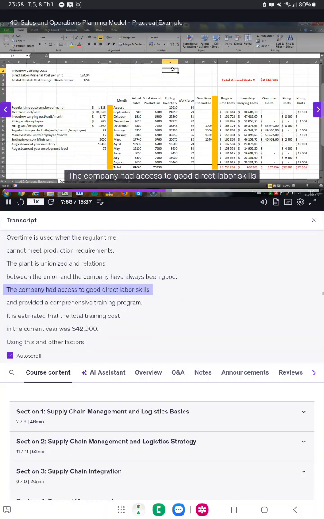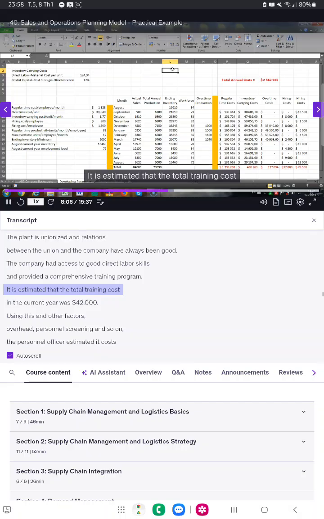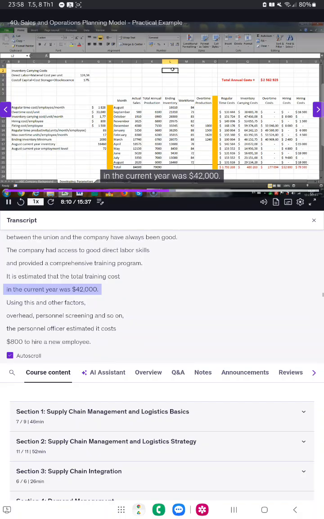The company had access to good direct labor skills and provided a comprehensive training program. It is estimated that the total training cost in the current year was $42,000.